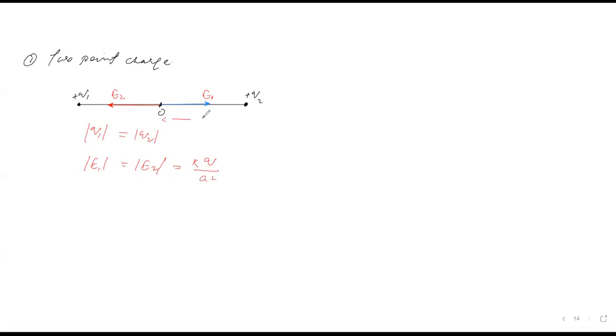You can consider that both charges are placed at separation A from the center. Then the electric field at O will be E1 minus E2, which is equal to 0.